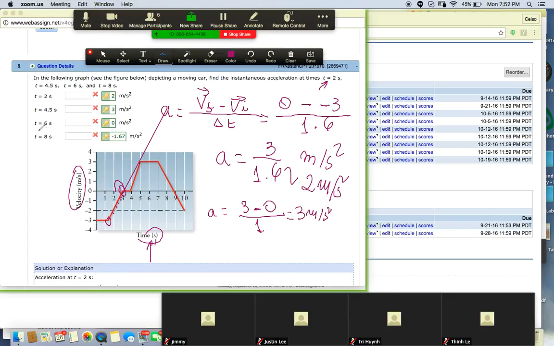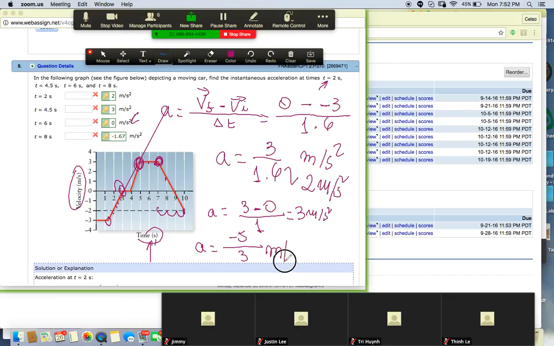Now at 6 is right here. Final is 3, initial is 3, so 3 minus 3 is 0, that's why you got a 0. And at time 8 seconds, final velocity is -2 minus initial velocity -3, so you have -5 divided by the time interval, 1 second, 2 seconds, 3 seconds.